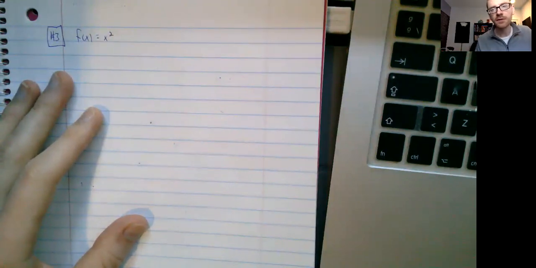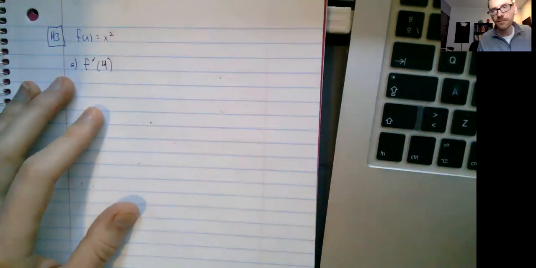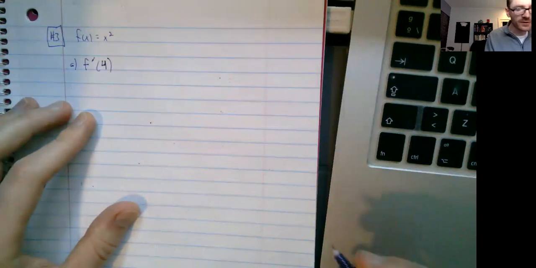And I'm asking you to compute the derivative of that function at a couple of different locations using what we called the second limit definition of the derivative. That's like the limit as h goes to 0 and so on. So in part A, I ask you to find f prime of 4. That's the derivative of this function at 4. And I want you to use the second limit definition.